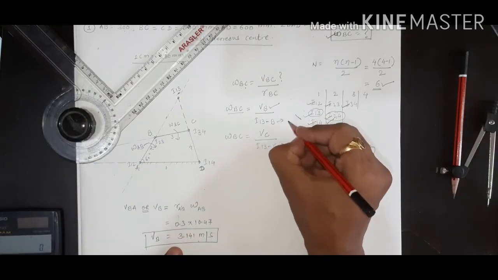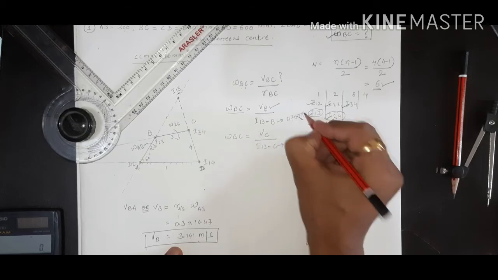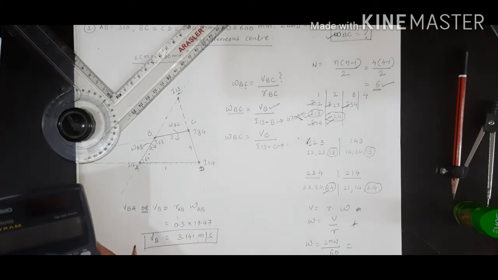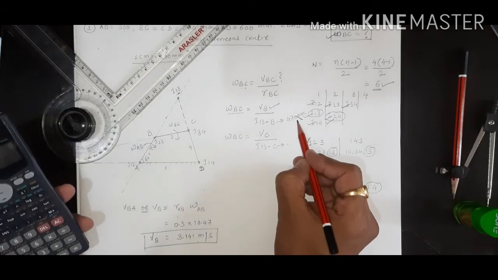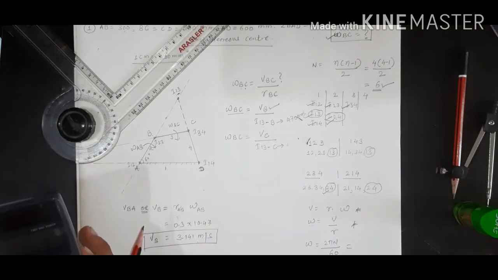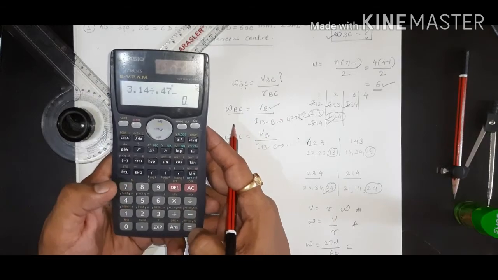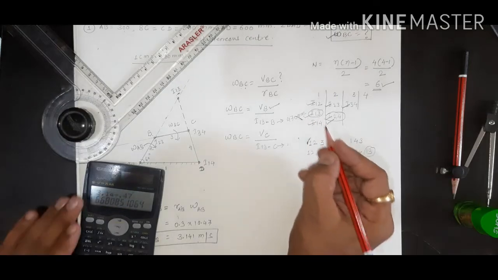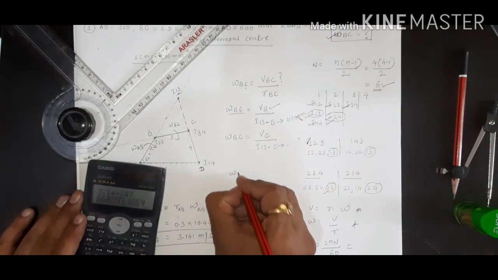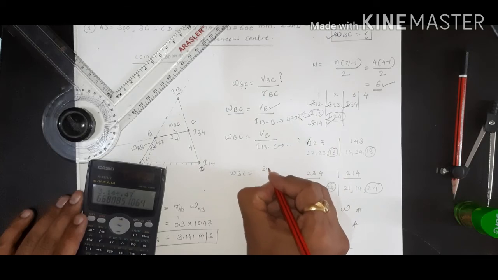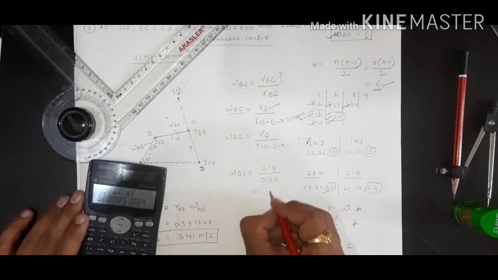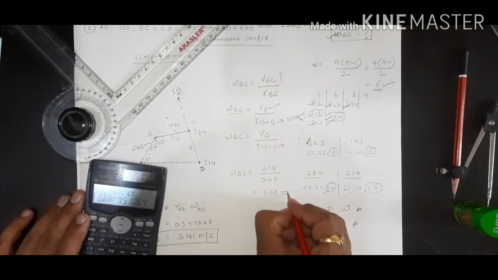We know VB is 3.14. So 3.14 divided by 470 mm, which should be in meters, 0.47. So omega BC will be equal to VB, 3.14, divided by 0.47. So the answer will be 6.68 radian per second.